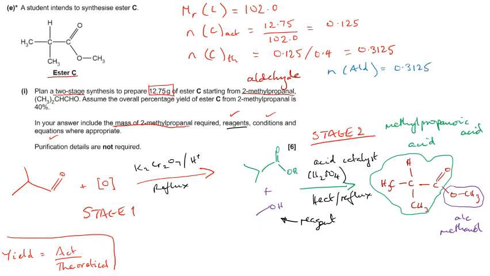We've already taken account of the 40% yield. But the question is asking us for the mass. So the mass of the aldehyde is moles times Mr, so it's 0.3125 times the Mr of the aldehyde. We work that out, and that comes out 72. That works out at 22.5 grams for the final mark.